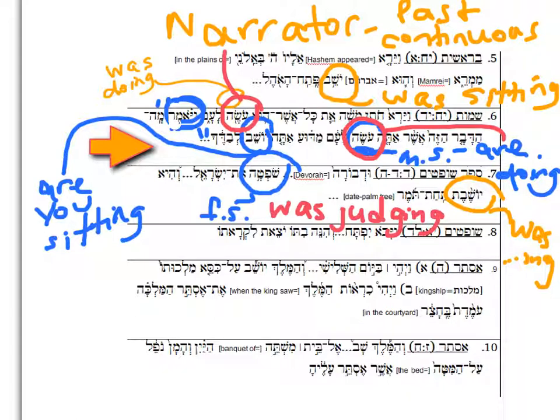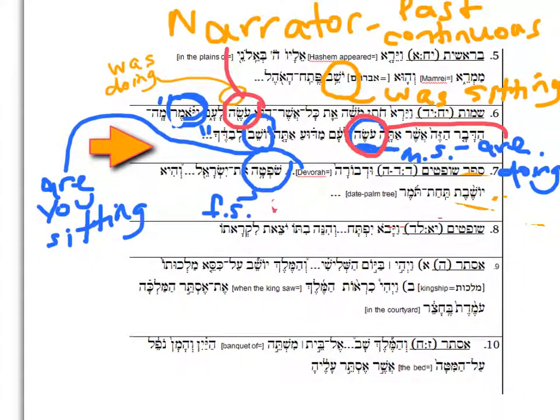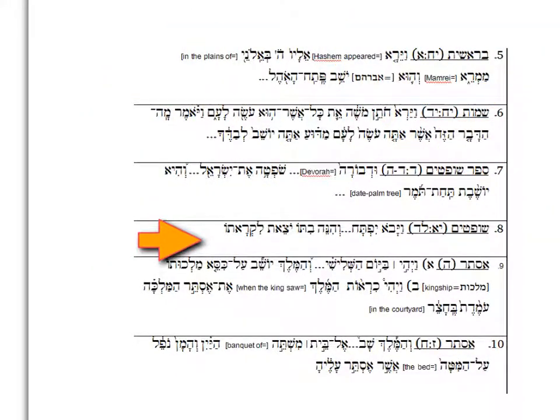Okay, so now let's look at number 8. So I'm just going to erase a little bit here so we can see it better. Okay, here we go. So number 8, in Sefer Shoftim, we have Vayavo Yiftach. So Yiftach is the name of a man. So Yiftach came, v'hinei bito, and behold his daughter, yotzeit likrato.